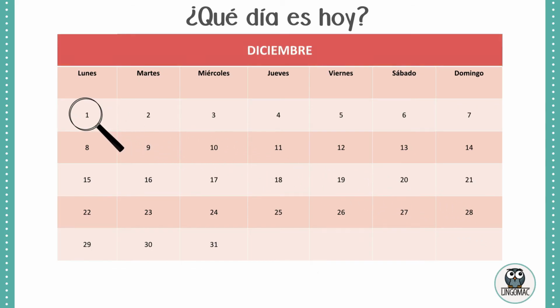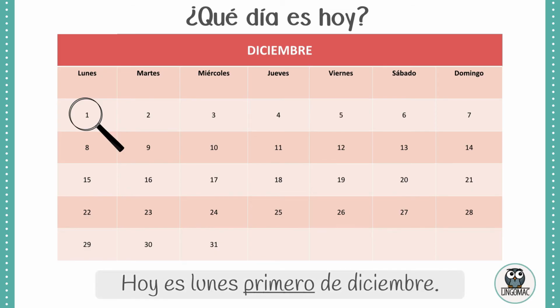And the last one, ¿qué día es hoy? Hoy es lunes 1 de diciembre. So this one is the only one that is different. You don't say the number uno, but instead you would say first.